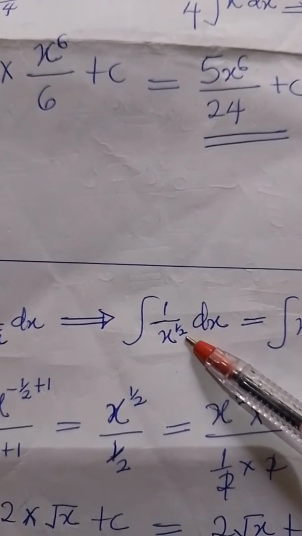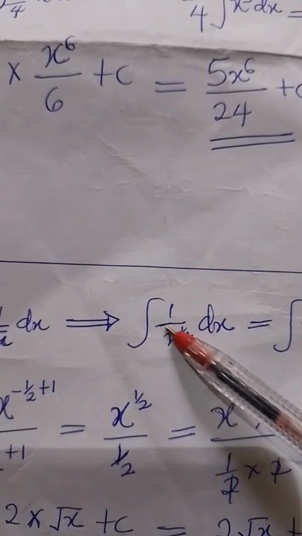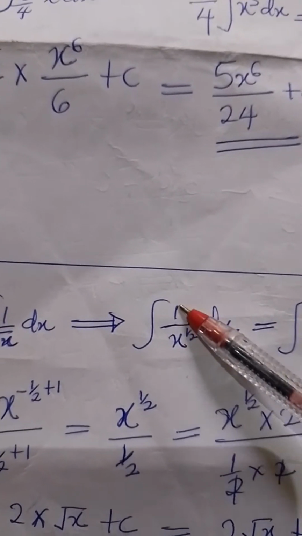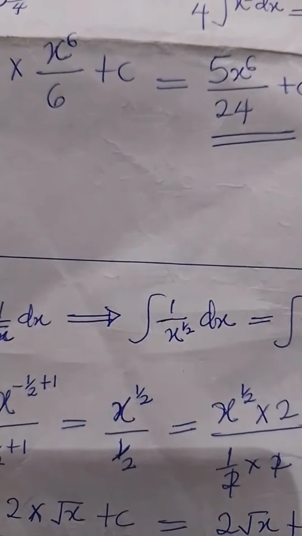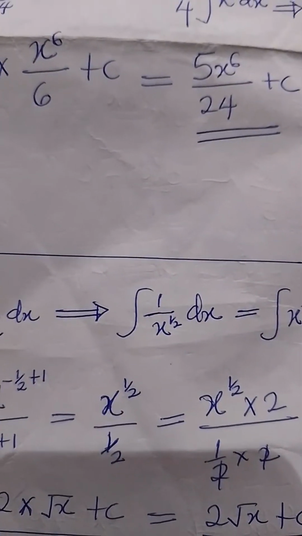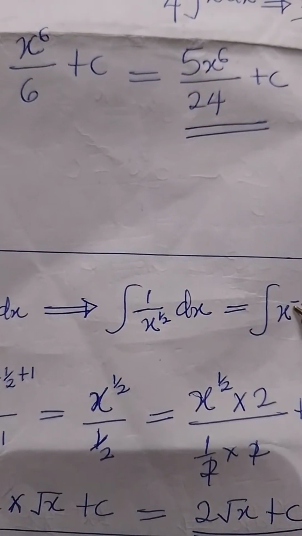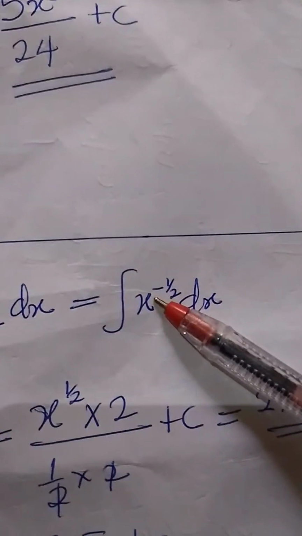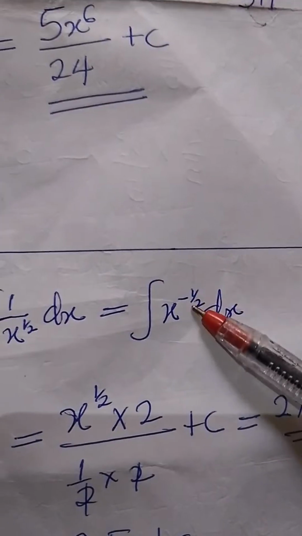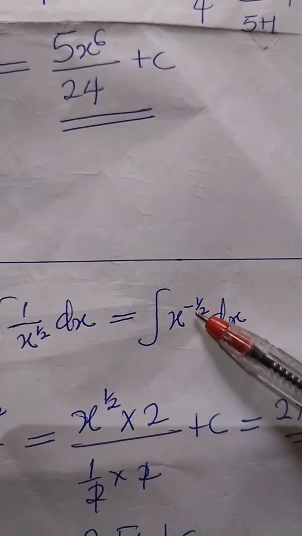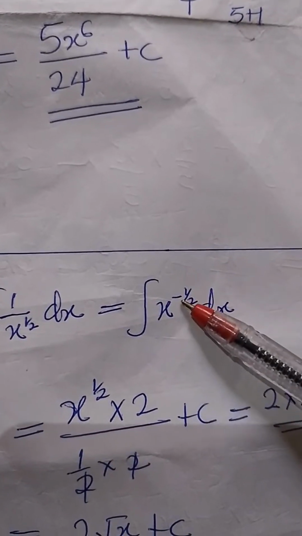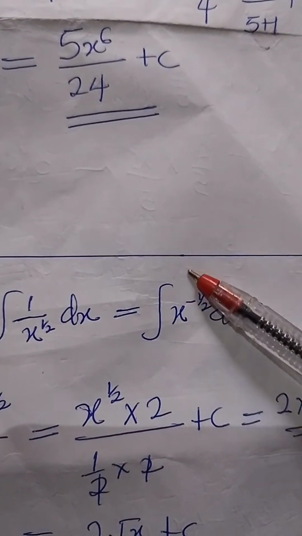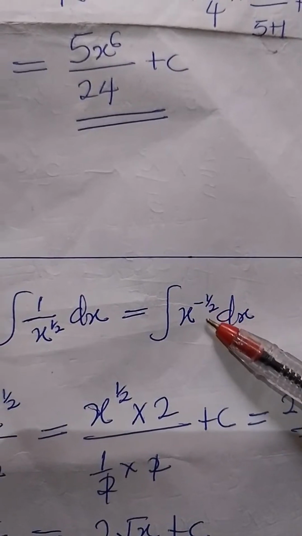If I want to remove the 1 all over x raised to power half, I will put a bar sign there, so you are going to see it as bar half. That suggests that there is 1 all over everything. It means there's 1 all over x raised to power half.